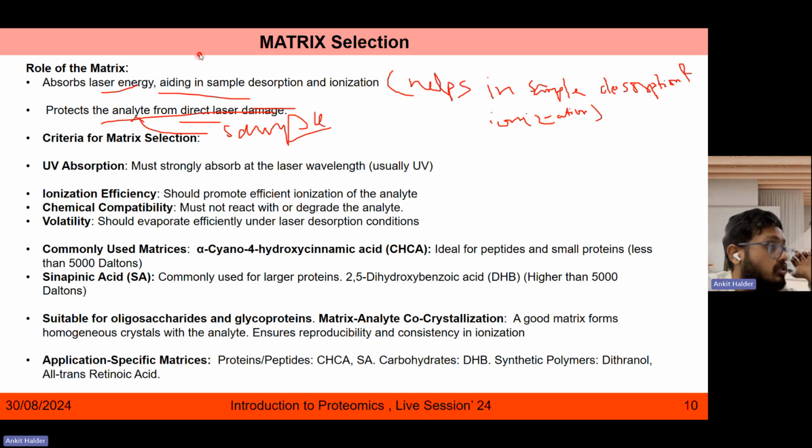So first of all, it should absorb the laser energy, help in sample disruption, and protect the analyte. Next, it can absorb the UV light strongly at the laser wavelength. Ionization efficiency should be efficient. Chemical compatibility: it must not react or degrade with the analyte.